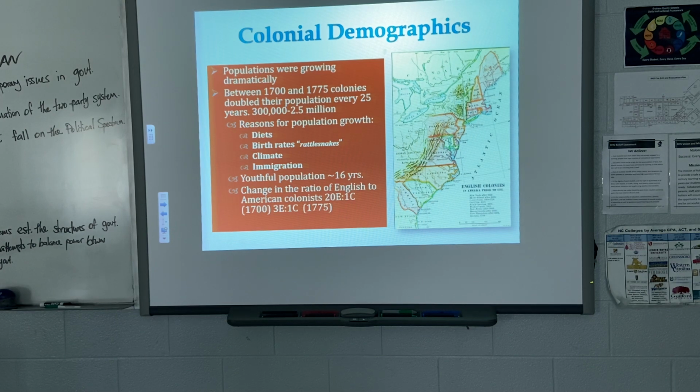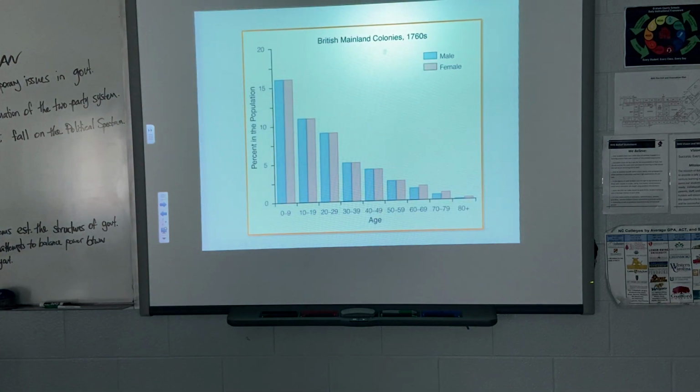Okay, the change in the ratio of English to American colonists that you see here. These are, there again, your colonial demographics. This is a chart showing the population of male and female.